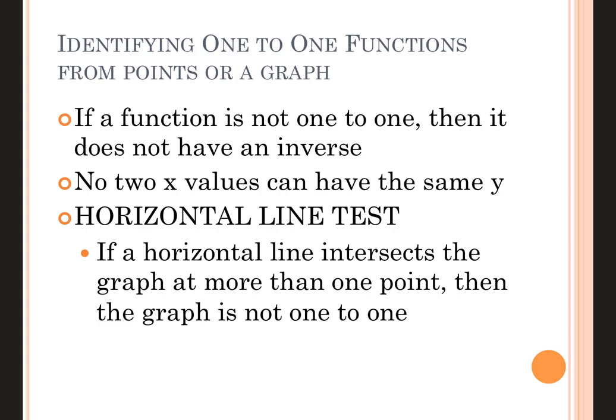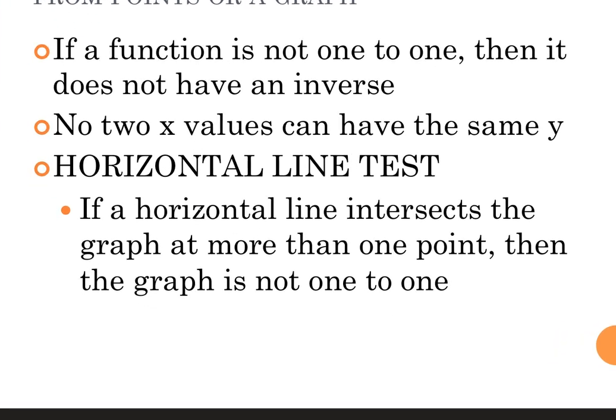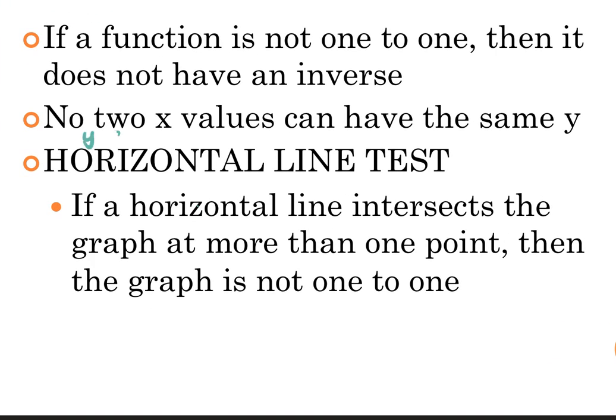So when we said to check to see if something was a function, we said the x could not repeat with a different y. It is the reverse here. A y cannot repeat with a different x. So if you want to put that in those words, because it means the same thing, but it's worded different, y cannot repeat with a different x.